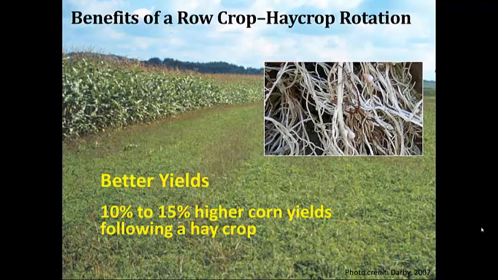And then, of course, you have less weeds, because generally in a hayfield or a pasture, there are few annual weeds that usually cause problems in a cornfield. So following a hay crop rotation with corn or another row crop can generally boost the yields of that row crop.